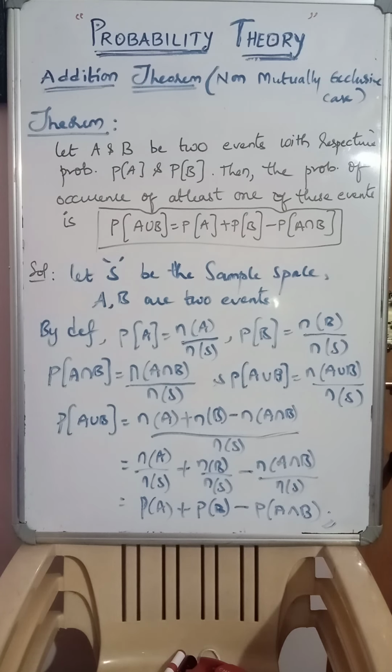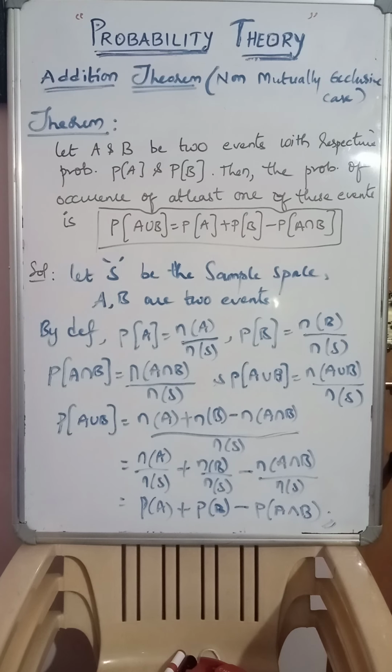See here, by the result of number of elements, we had written the set n of A plus n of B minus n of A intersection B, remember, right? So in terms of Venn diagram also it can be taken, A, B and the common element can be taken as C. So you can take it as A plus B minus C by whole sample space n.